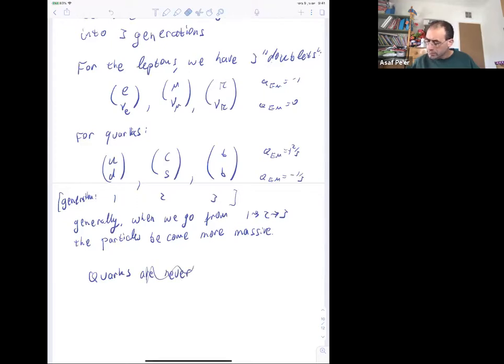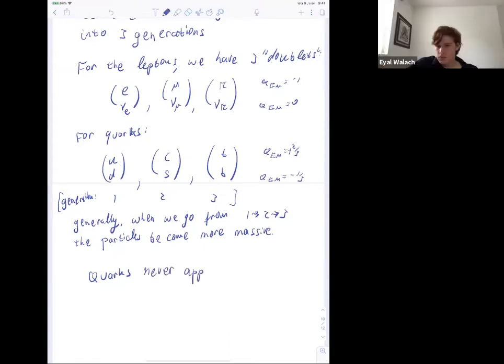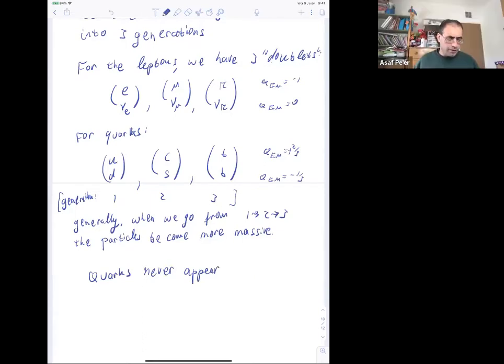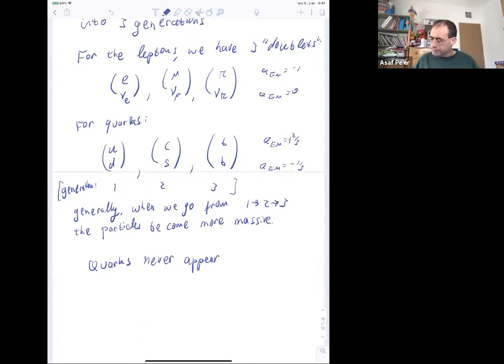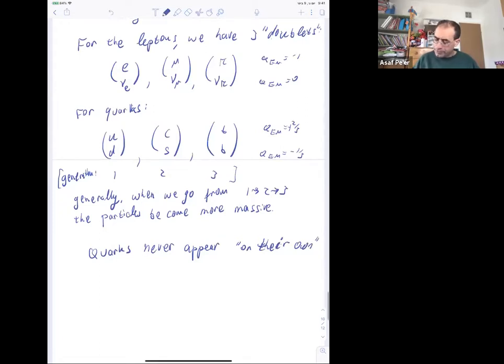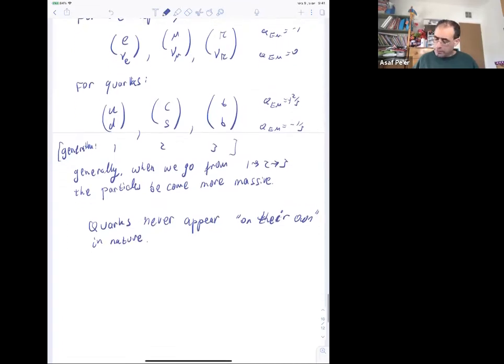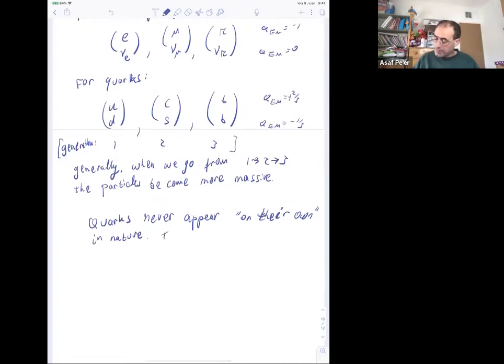Quarks never appear on their own in nature. So they only exist in bound states.